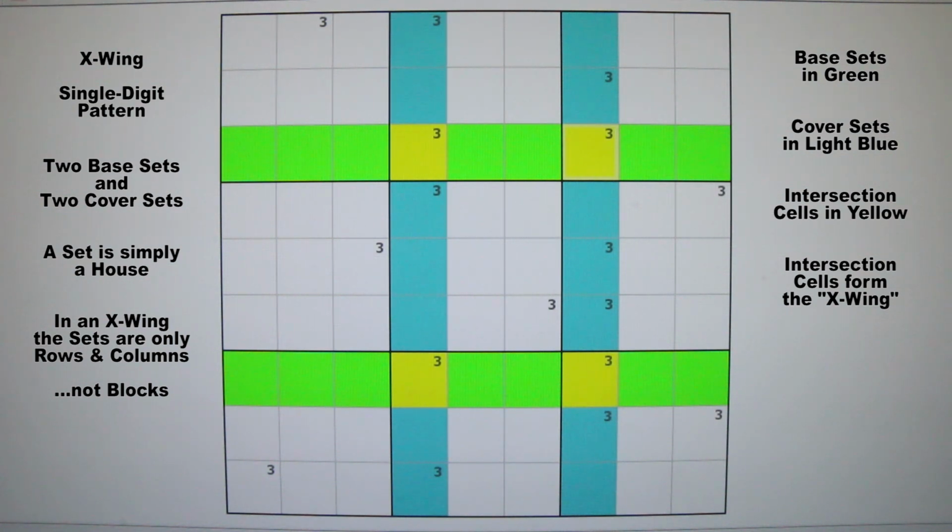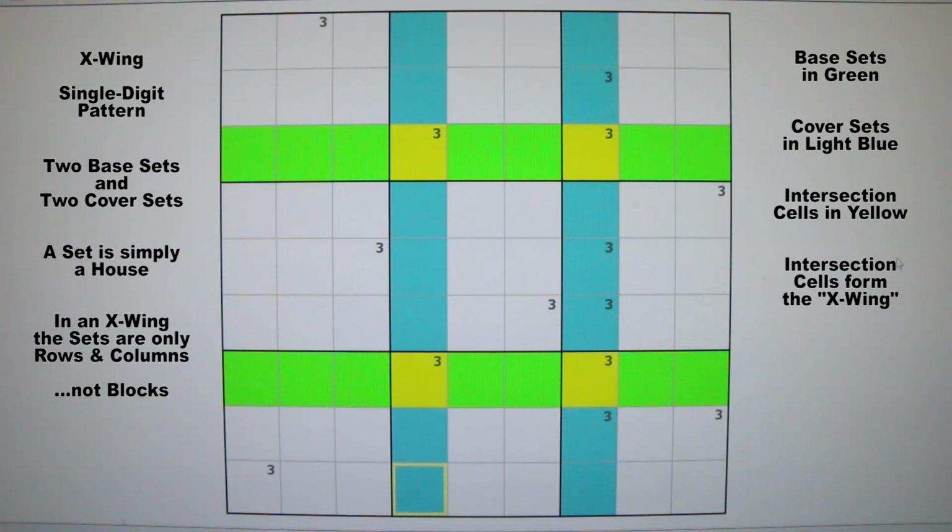Because of the 2 conjugate pairs in row 3 and in row 7, we know that one of the 3s in the yellow cells in column 4 has to be true. The one in row 3 column 4 or the one in row 7 column 4 must be true because of the base sets containing those conjugate pairs. So that means you can eliminate all the other 3s in that column that lie outside the cell. So you can eliminate that 3, and that 3.